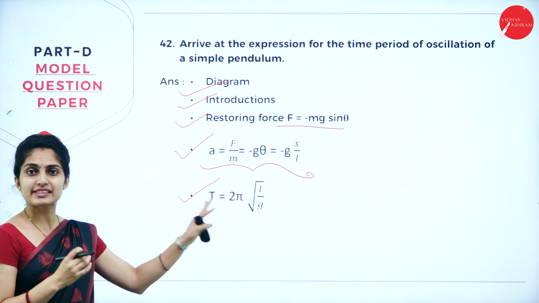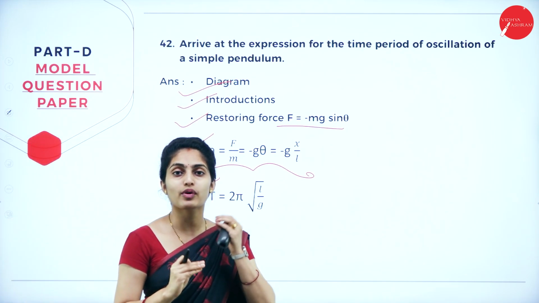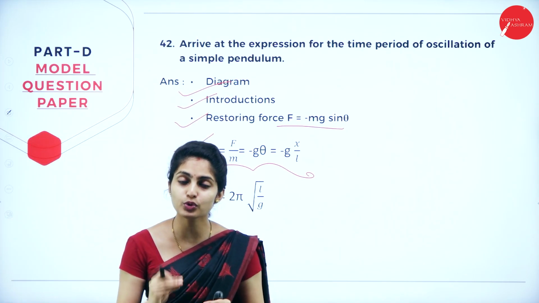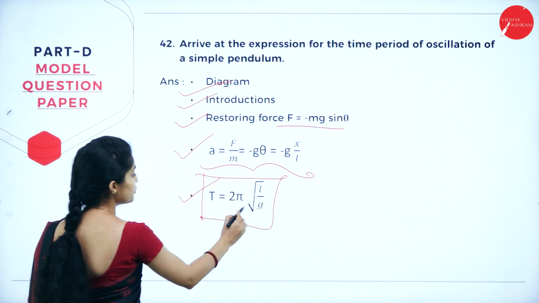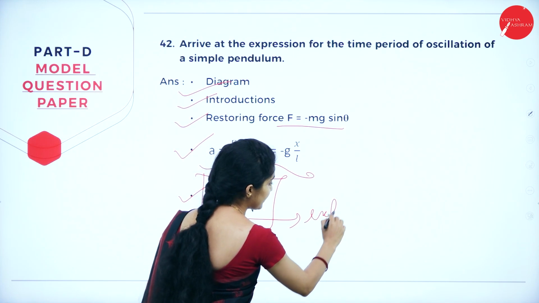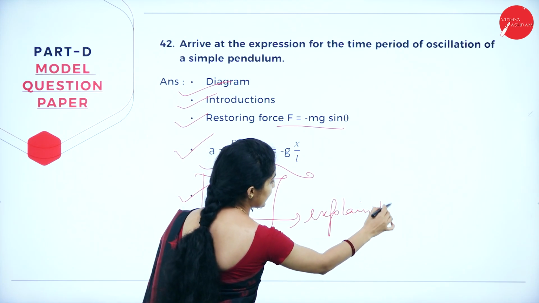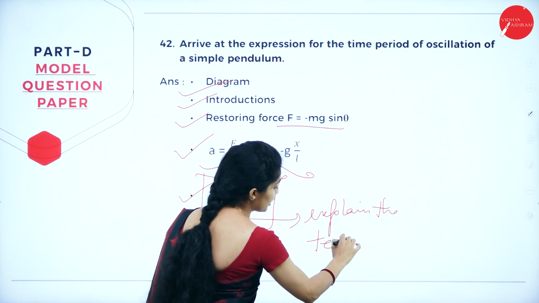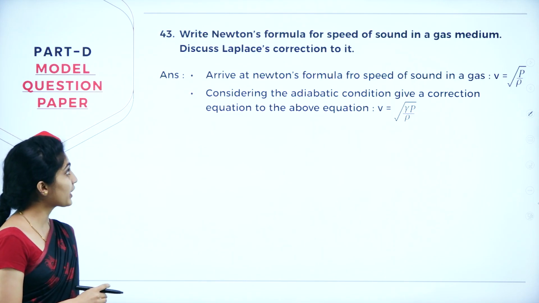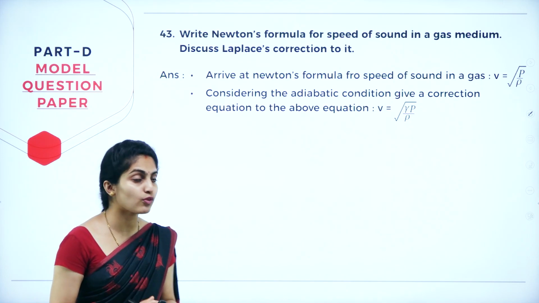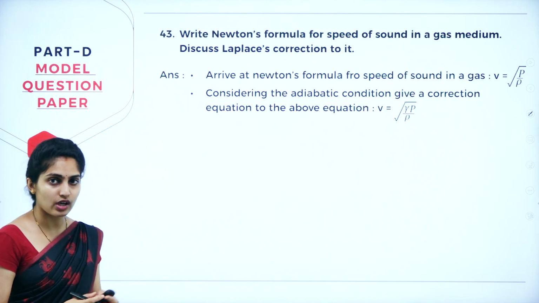This is not the complete answer. This is just a hint of how you are supposed to write the answer. This will be your final equation, and again I'm repeating, you will have to explain the terms of this expression. Okay, clear?